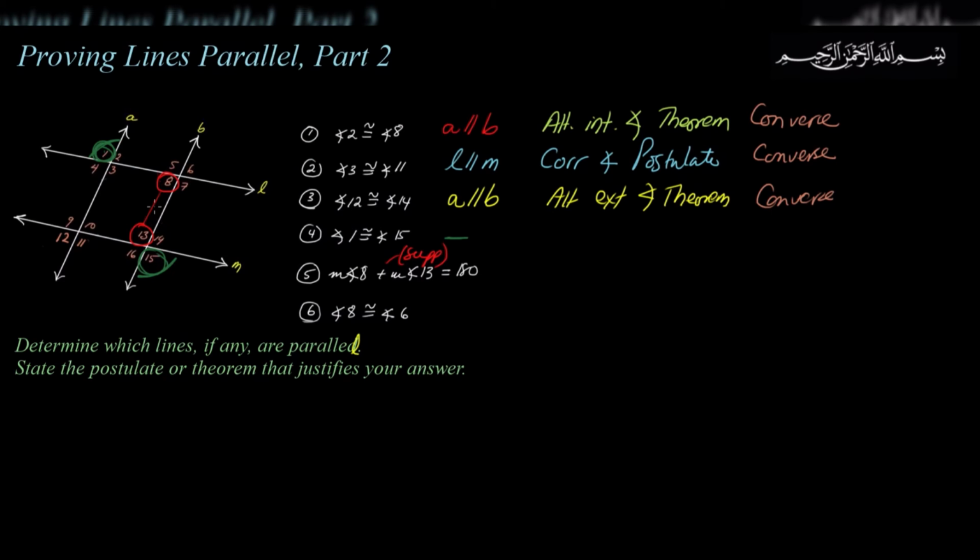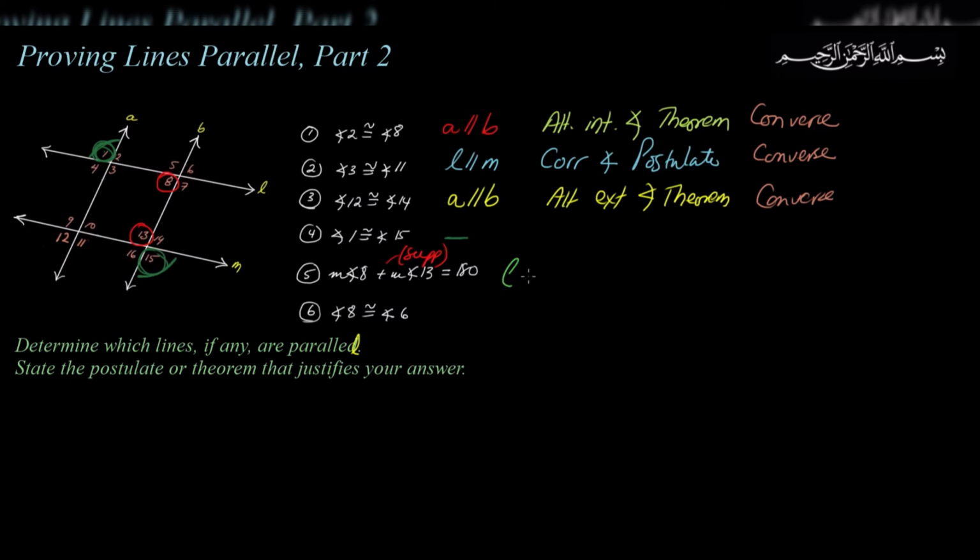Well, these are consecutive interior angles, the way I see it. Here's one line, here's the second line, and here's the transversal, and these are consecutive interior angles. If the consecutive interior angles add up to 180 degrees, then the lines are parallel, right? So we can say which lines are parallel. 8 and 13 are consecutive interior to L and M.